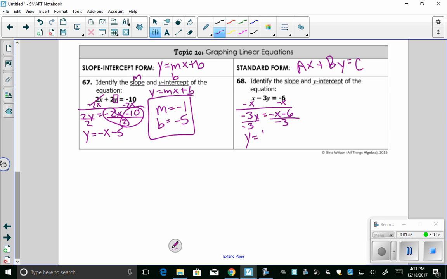So it's 1 over 3 x. Negative divided by negative is also a positive. So it's going to be 6 divided by 3, which is plus 2. So that my slope is 1/3, and my y-intercept is 2.